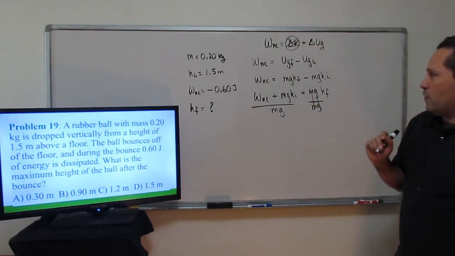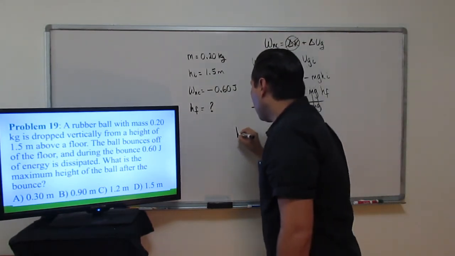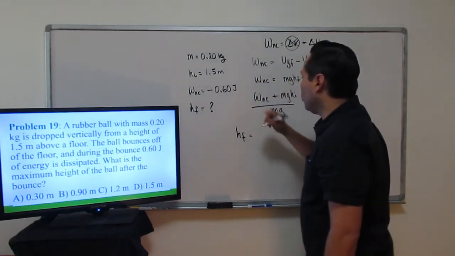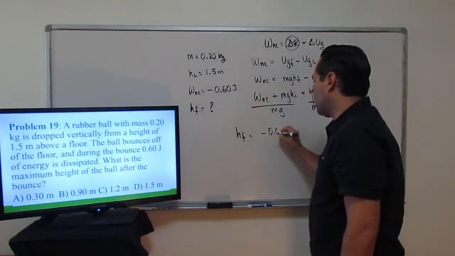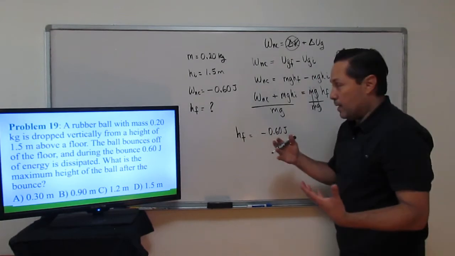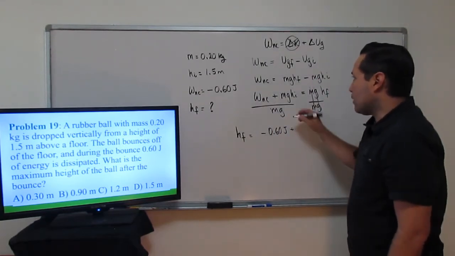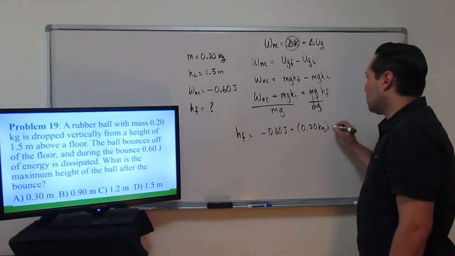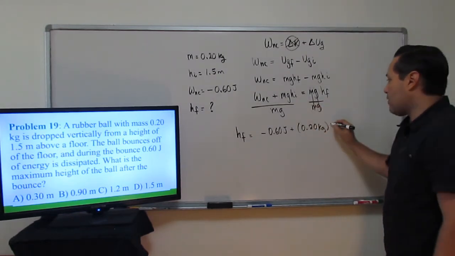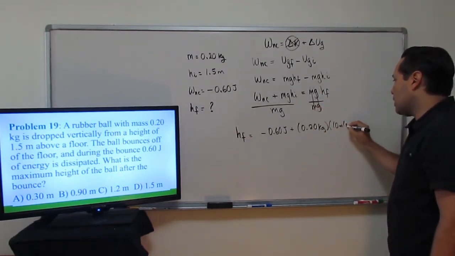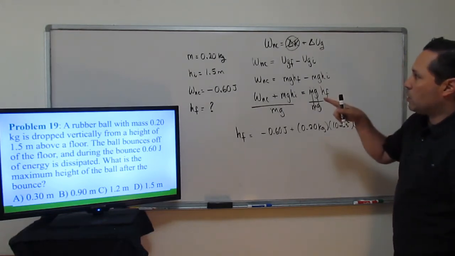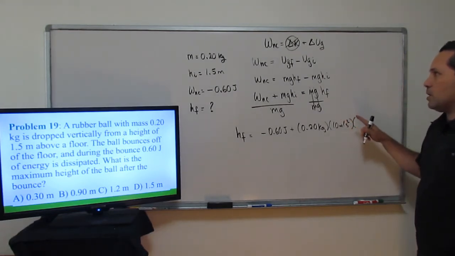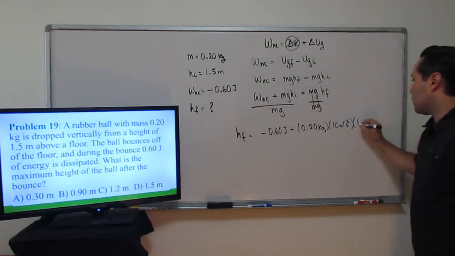Now let's plug in the values. Height final is equal to the work, which was 0.6, that's how much was dissipated, plus the mass, which was 0.2 kilograms, multiplied by gravity, which is 10 meters per second squared, and multiplied by the initial height of 1.5 meters.